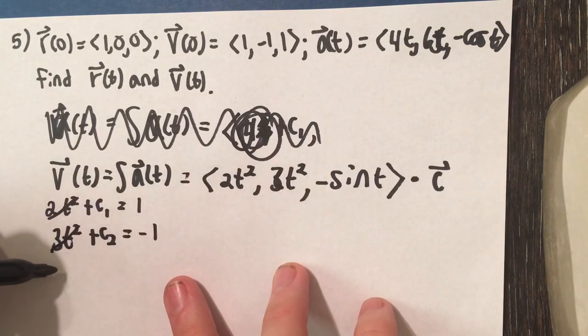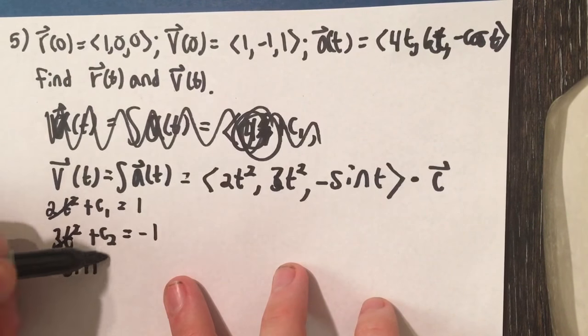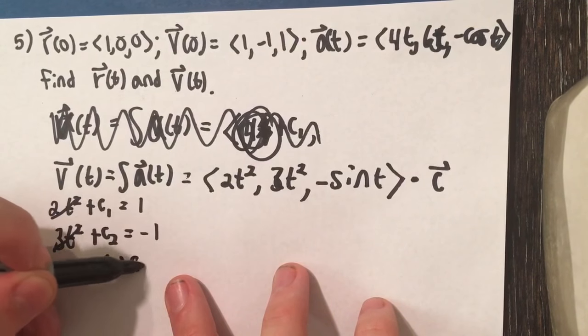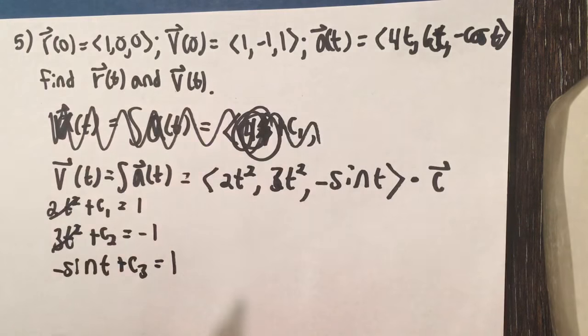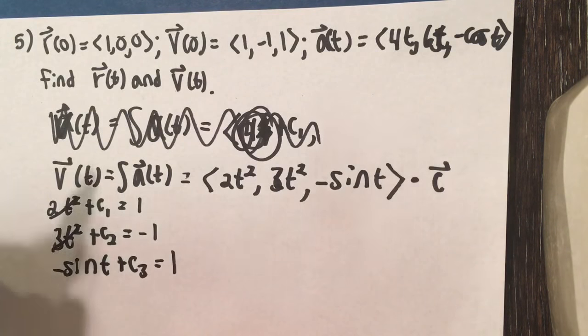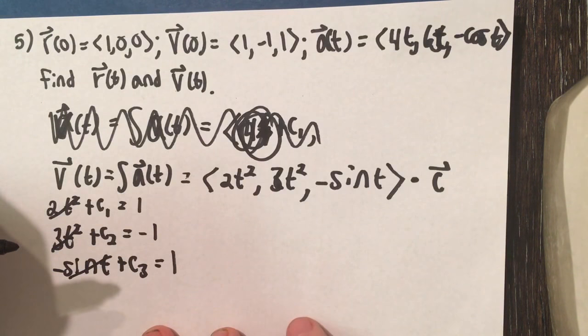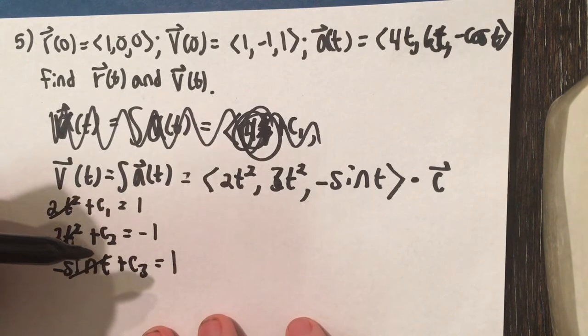Finally, we would have negative sine t plus c3 equals 1. When we do that calculation with t equals 0, this term would also cancel out again because sine of 0 is equal to 0. So then c3 equals 1.